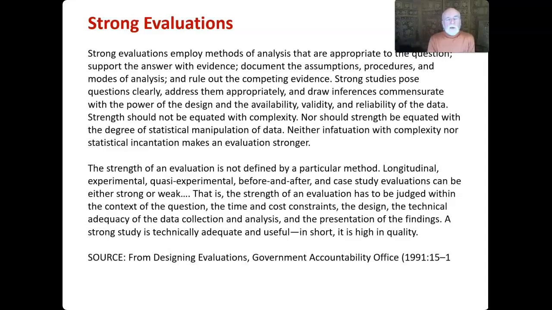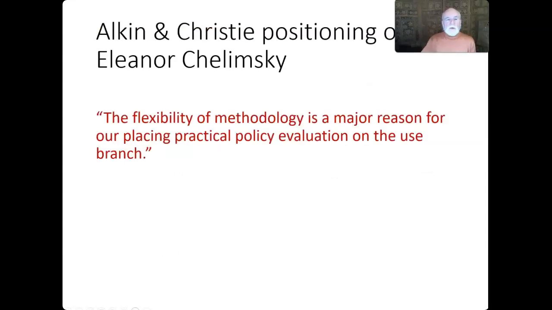And yet, here we have a case where methods are central to the credibility and utility and the valuing of independence of this work, where it's clear that Eleanor Chelimsky fits across the different pieces.